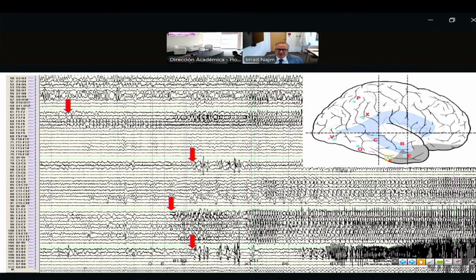In cases like this, if the mapping of the electrical activity corresponds to the mapping of semiology, and the anatomy makes sense in the context of our hypothesis, that would be more than enough to decide on the ictal onset and to make at least the first step toward generating a hypothesis of what type of surgery should be done and the extent of the resection.